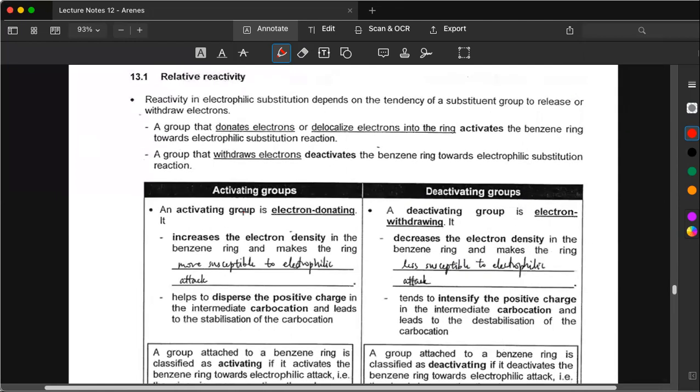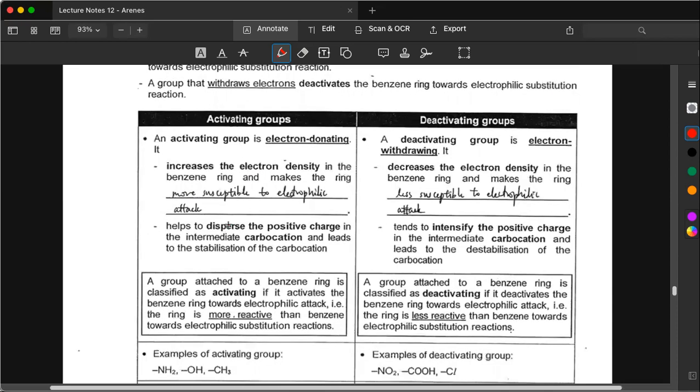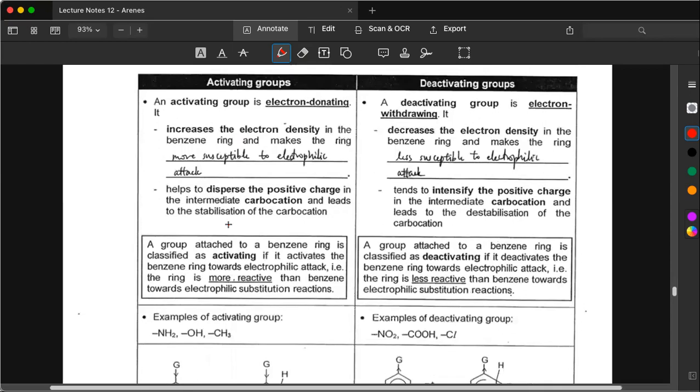So a group that donates electrons or delocalizes electrons activates the benzene ring towards electrophilic substitution. But if we have a group that withdraws electrons, it will deactivate the benzene ring. So an activating group is electron donating. It increases the electron density and makes the ring more susceptible to electrophilic attack, which helps to disperse the positive charge in the intermediate carbocation ion.